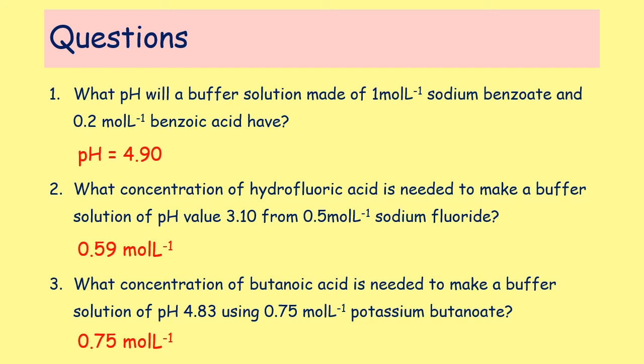So this was looking at buffer solutions, and we saw that buffer solutions are made of a weak acid or weak base and a salt made from that weak acid or base and a strong base or acid. We know that buffer solutions are solutions that maintain a constant pH in response to the addition of small amounts of acid, alkali or water.